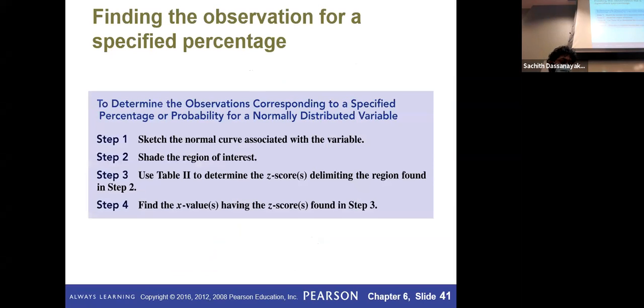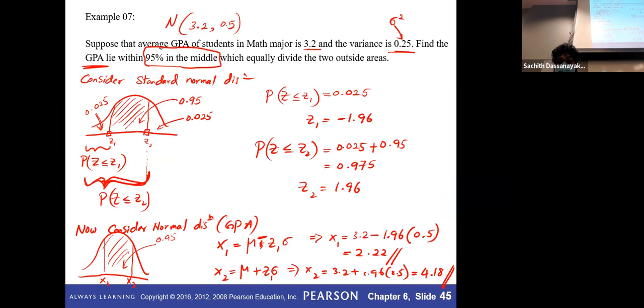Okay, let me give you one simple question. I think I don't have enough time, but using that C alpha notation, what happens if I give you something like this, for example, find C 0.05.